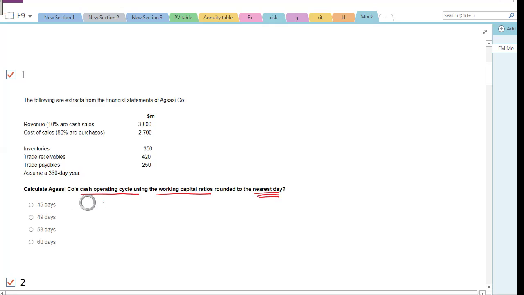Now, cash operating cycle is quite straightforward. You have inventory days, plus receivable days, and you have to deduct the payable days.